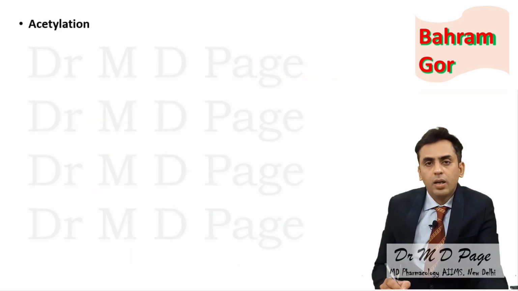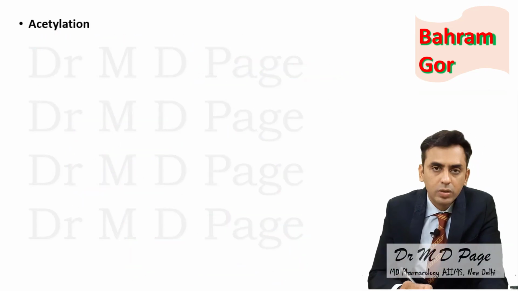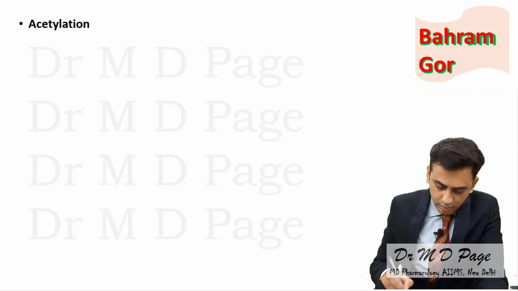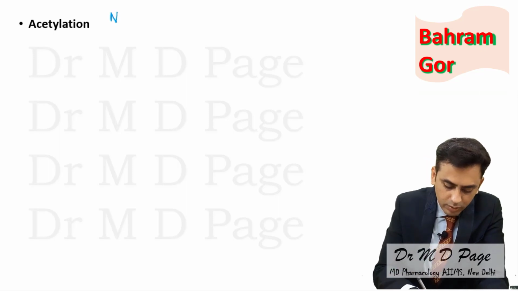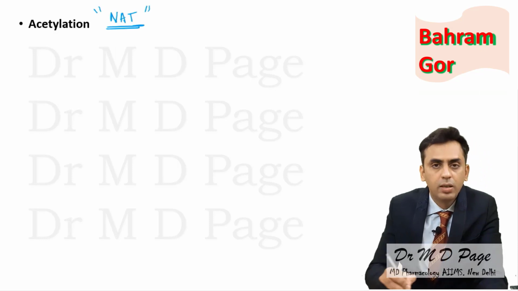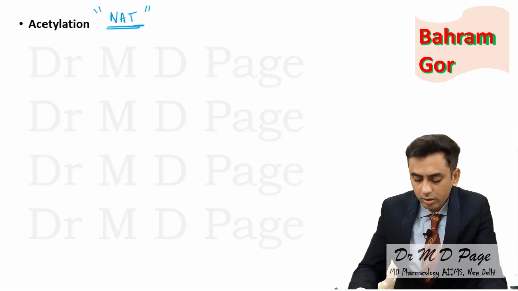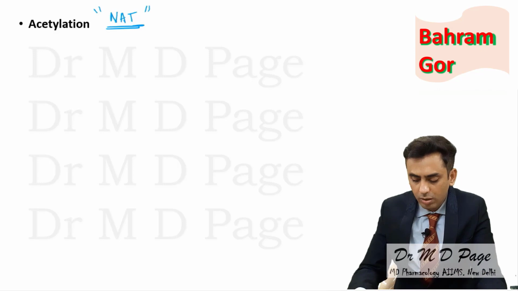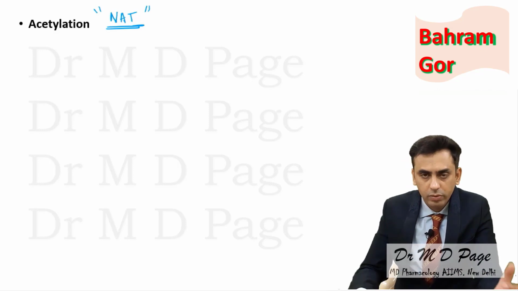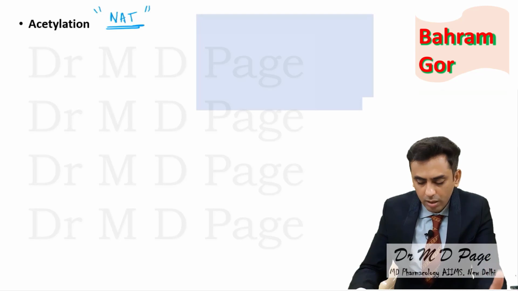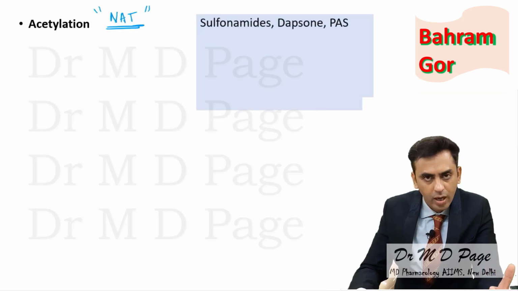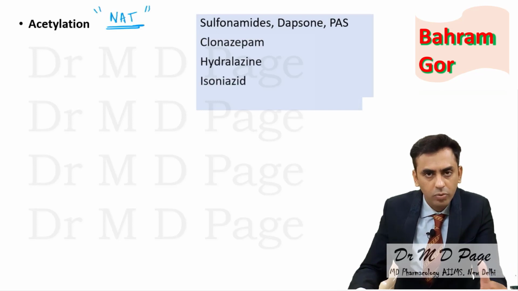Okay. Acetylation is one more phase 2 reaction. This is carried out by the enzyme N-acetyl transferase. What is important here is the drugs which are getting metabolized by this acetylation. Examples of these drugs are sulfonamide, dapsone, PAS, clonazepam, hydralazine, isoniazid and procainamide.